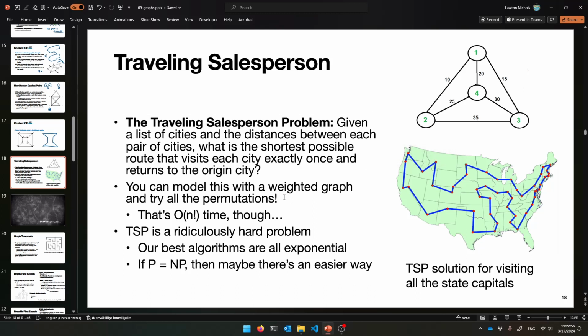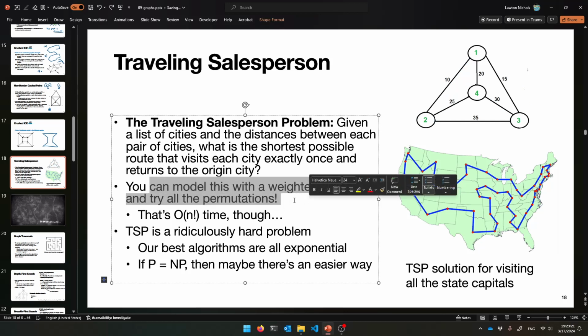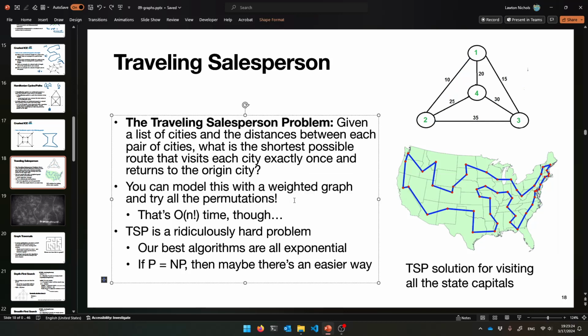You can model this with a weighted graph, can't you? Make a graph of all the cities and all the edges, like the road network between them, all the ways to move around between them. Then you try every possible cycle that you could make through this graph. You just try every permutation of visiting those cities in every order.